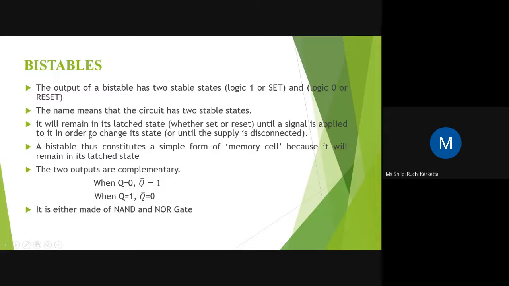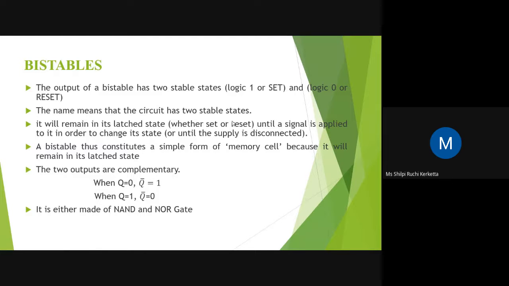Here it will remain in the same state until a signal is applied in order to change the state, or until the supply is disconnected. This is for the flip flop where we are using a clock.